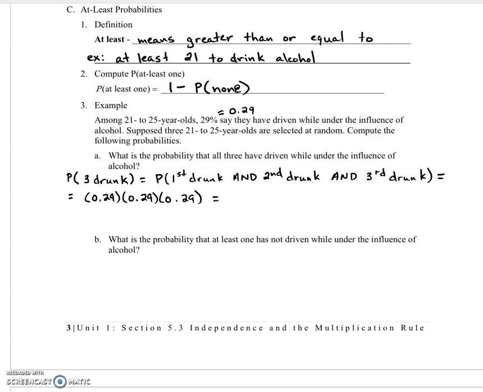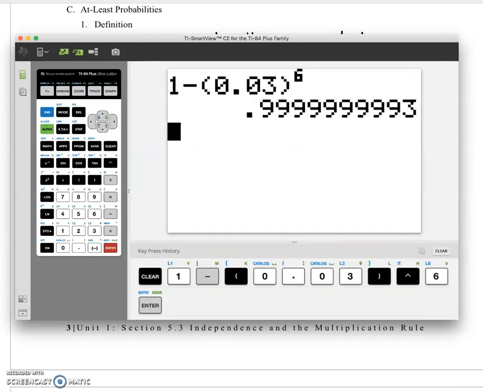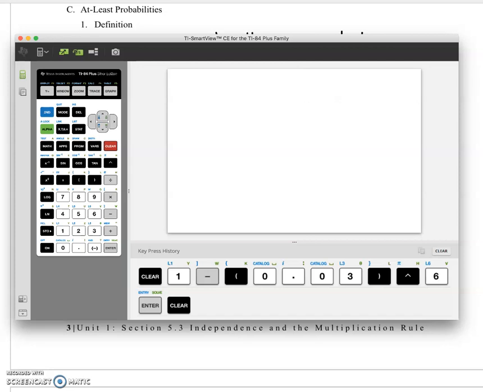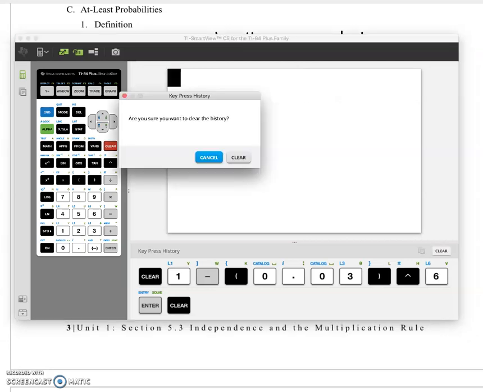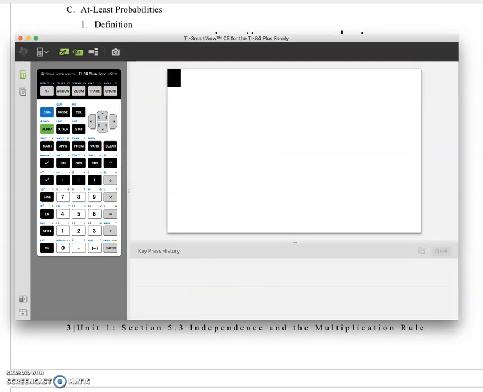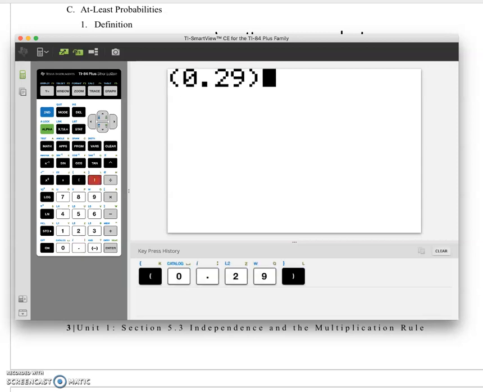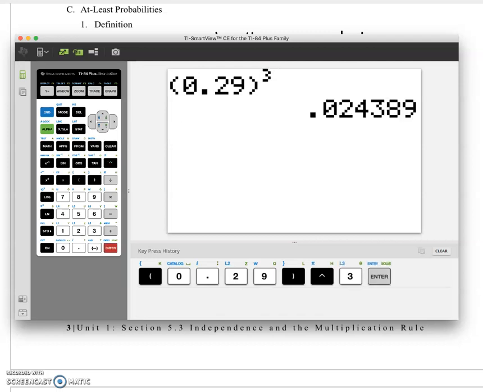So the probability that all 3 of them have driven under the influence, let's get our calculator out. And remember, we can use an exponent since all those numbers are the same, and since there's 3 of them, we use a 3.